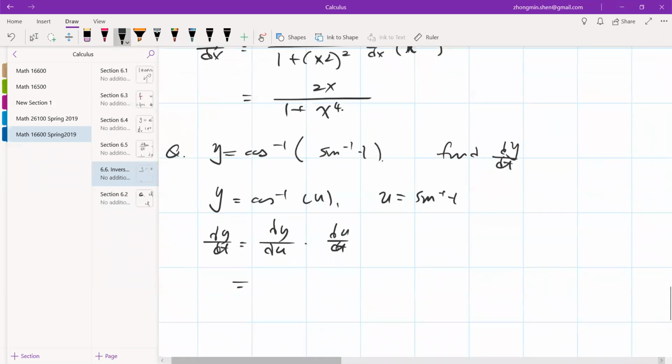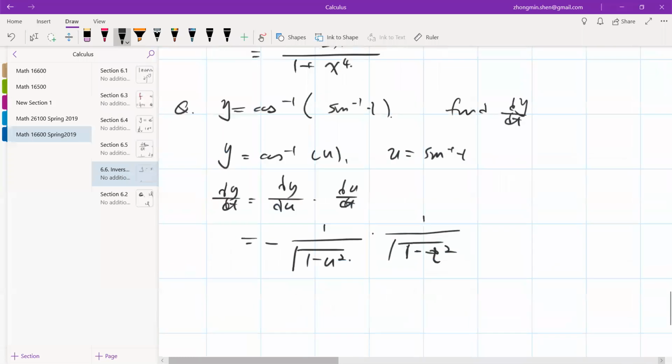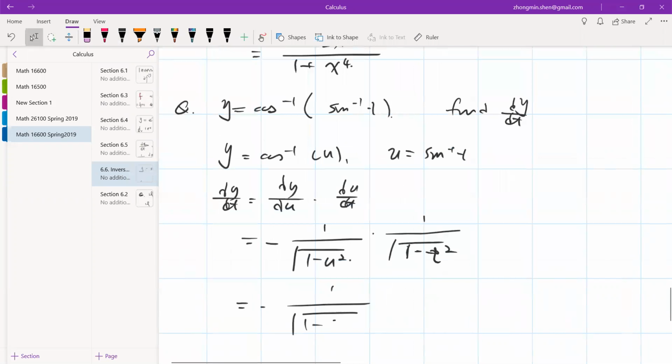The derivative of y with respect to u is going to be negative u over the square root of 1 minus u squared, and du over dt is going to be positive 1 over square root of 1 minus t squared. So now you have to replace u by arcsine t.